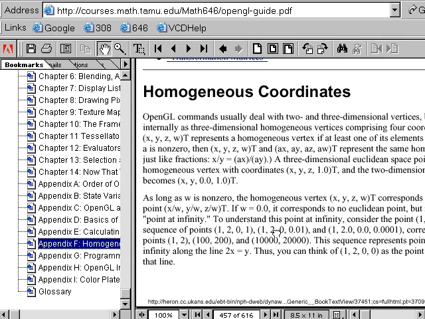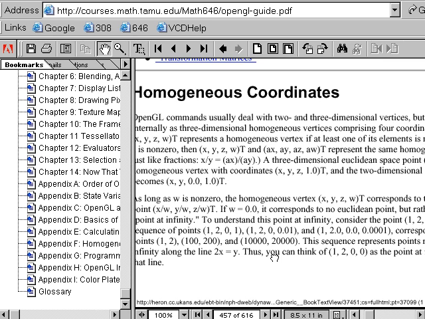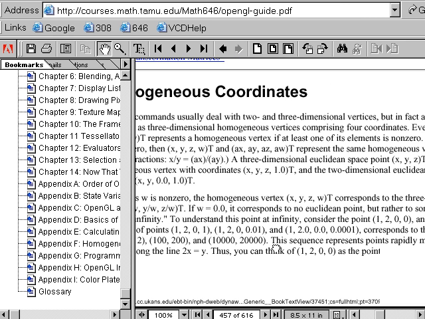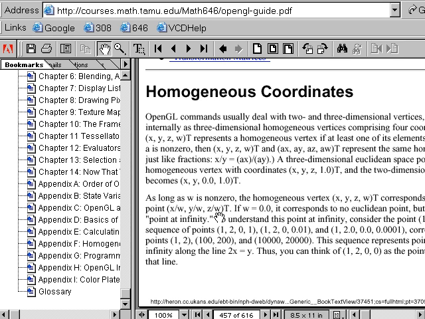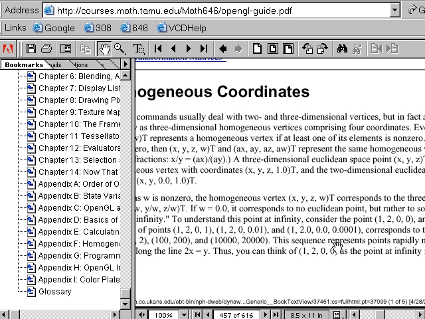So you get it to be normalized to x, y, z, and 1. In 2 dimensions, it can be x, y equal to 0 and 1. So if the w is non-zero, this last component of the vector, that corresponds to a 3-dimensional point, x over w, y over w, z over w. If w is 0, it becomes a point at infinity, because it goes to this following argument here.